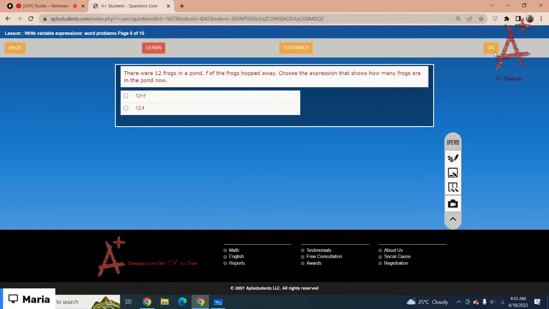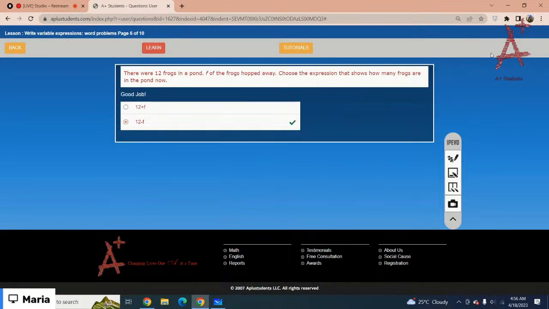There are 12 frogs in a pond. F of the frogs hopped away. Choose the expression that shows how many frogs are in the pond now. Yes, it is 12 minus F. Because earlier there were 12 and F hopped away, so now it is 12 minus F. Got it? Very good.